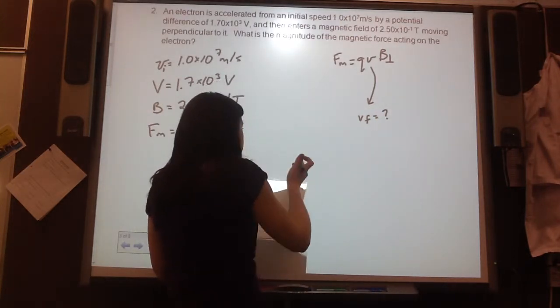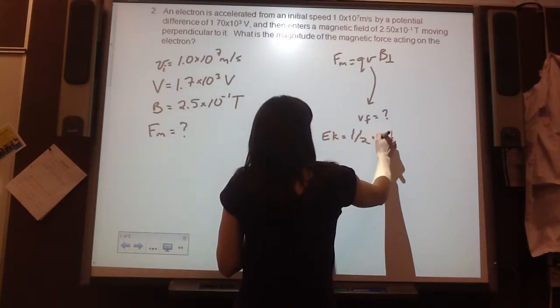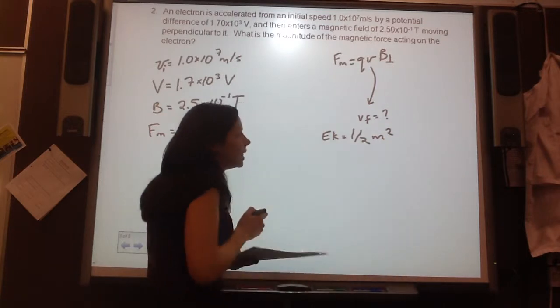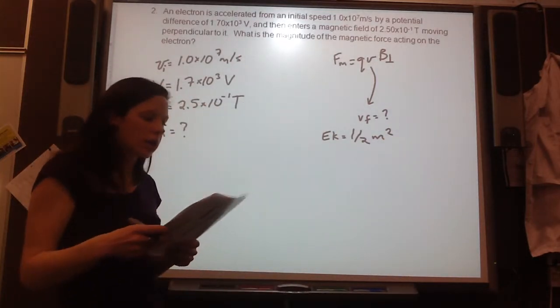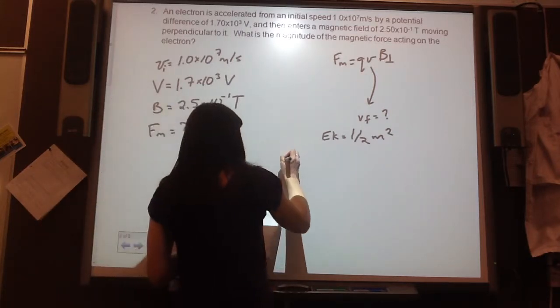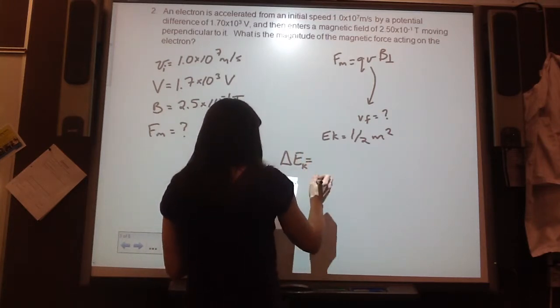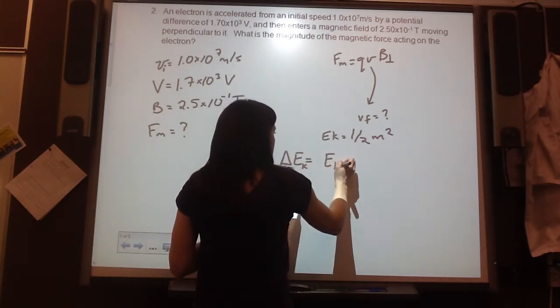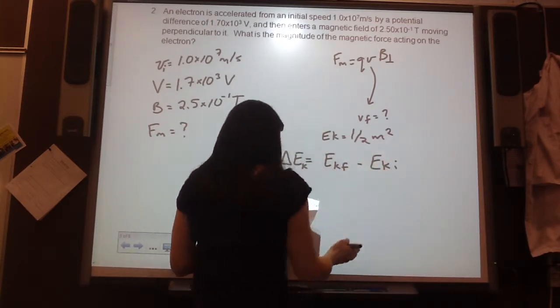How can I do that? I'm going to use my EK equals half mv squared idea of kinetic energy and how the electron is changing in its kinetic energy. If I'm just looking at delta EK, that's EK final minus EK initial.